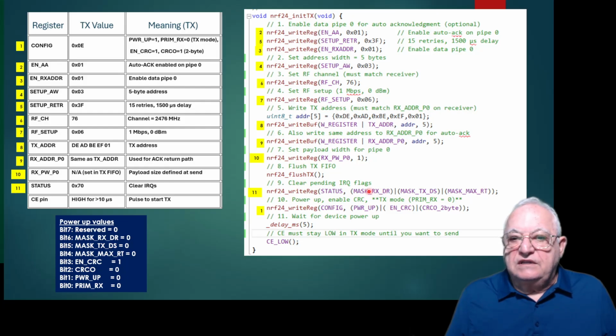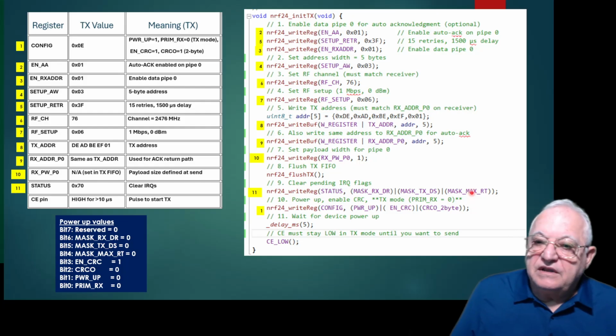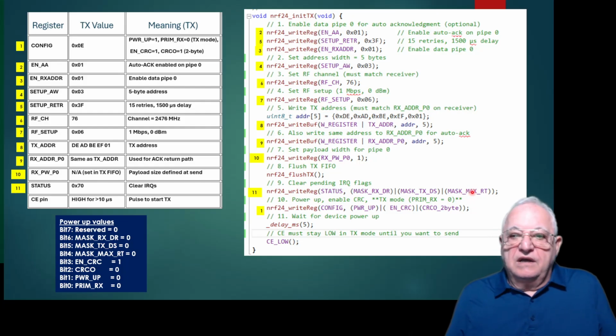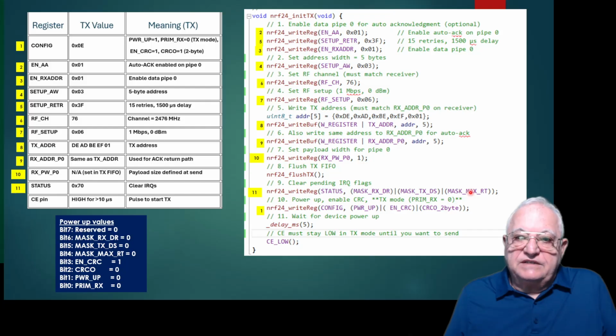So make sure that the receiving, transmitter and max transmission flags have been set in the status register. And then finally, what I do is I just set the CE pin also. That's what we do.